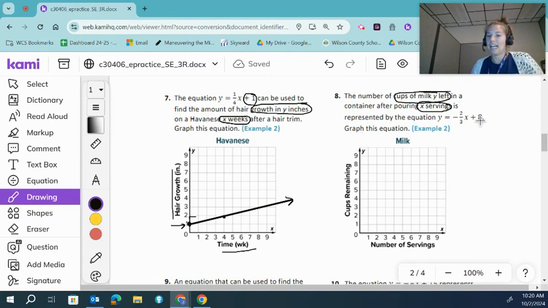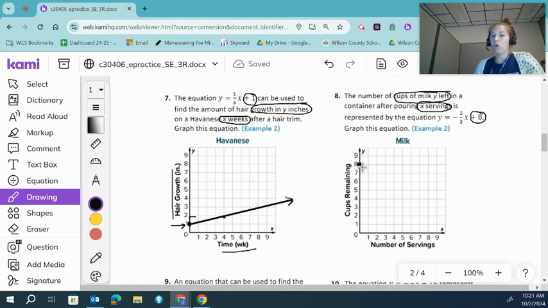Negative 2/3 x plus 8. Now, this plus 8 means the amount of milk we started with was 8. We had 8 cups of milk to start, at 0 servings.